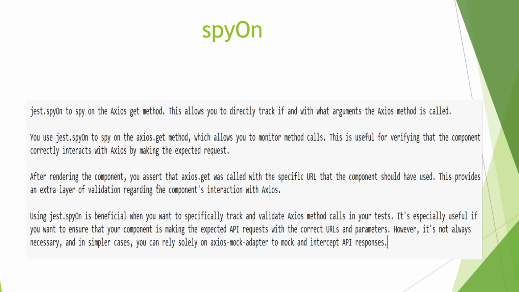After rendering this component, you assert that Axios get was called with the specific URL that the component should have used. This provides an extra layer of validation. So this is providing the extra layer of validation regarding the component's interaction with Axios. Using Jest spyOn is beneficial when you want to specifically track and validate Axios methods called in your test.